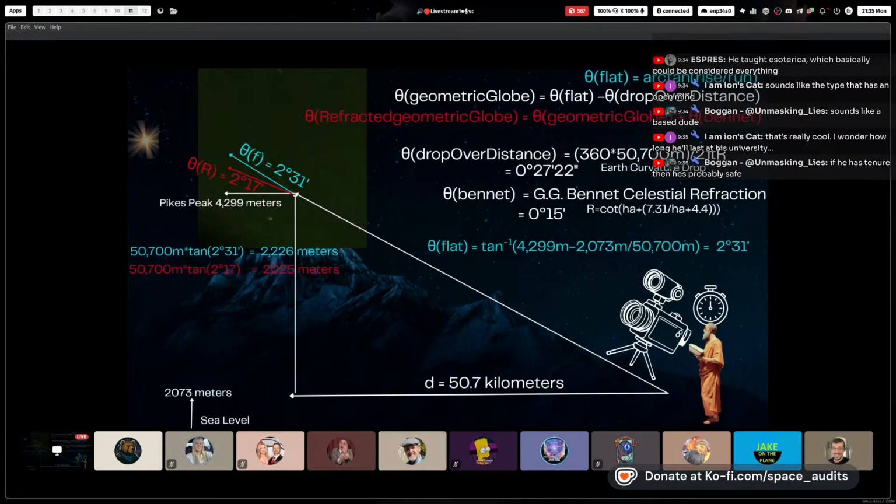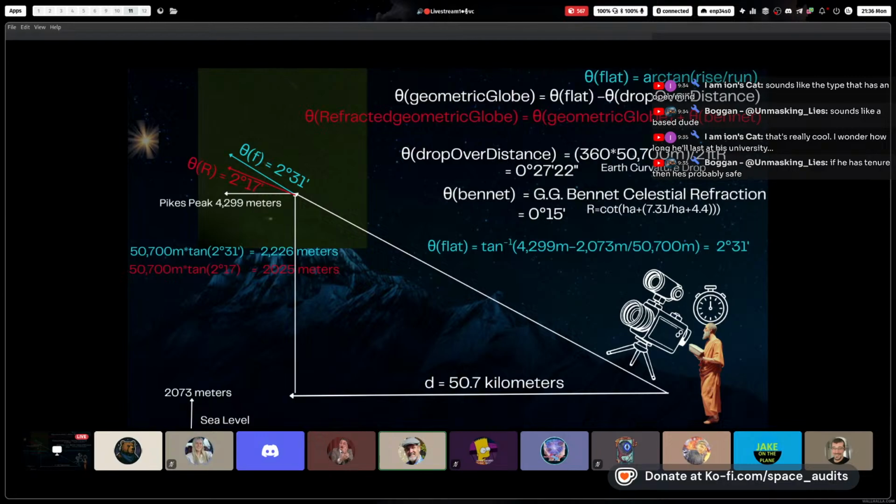And it's important to note that that was way beyond the stated accuracy range of the theodolite, because theodolites aren't stated to be that accurate 50.7 kilometers away. In fact, usually their stated accuracy is in hundreds of meters. And all modern theodolites typically lose about 1 arc minute per 3.7 kilometers.